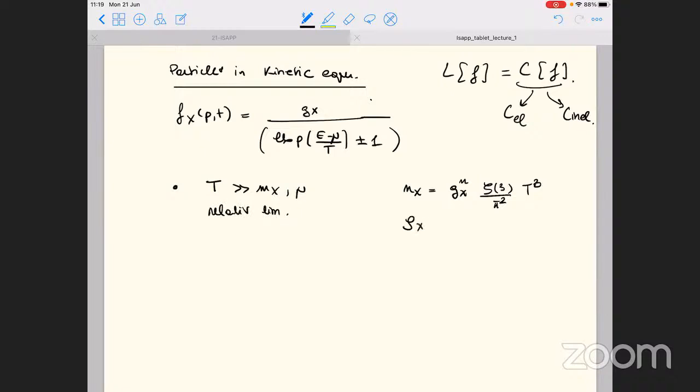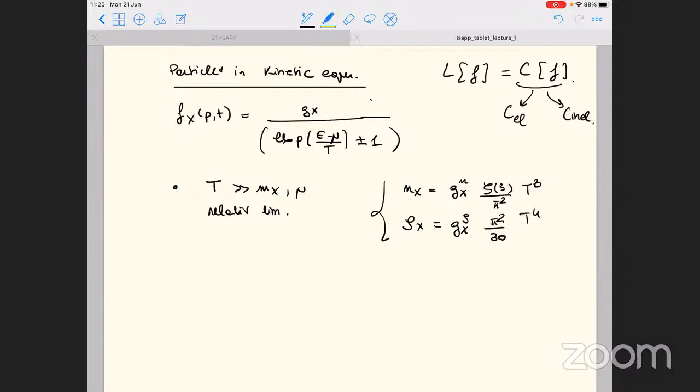For the energy density, I take the integral of d^3p divided by (2 pi)^3 times the energy times the distribution function, and I end up with g_chi rho, pi squared over 30 times temperature to the 4.